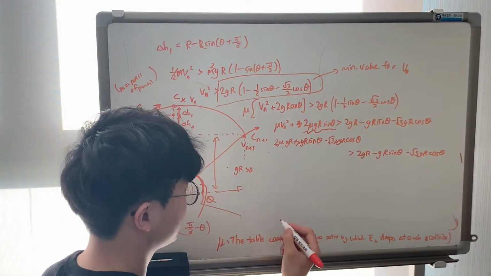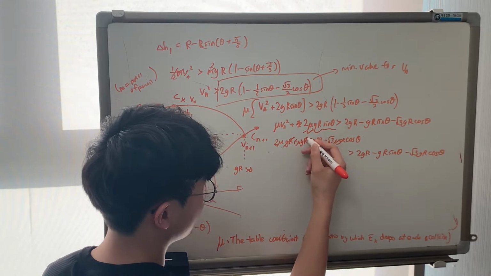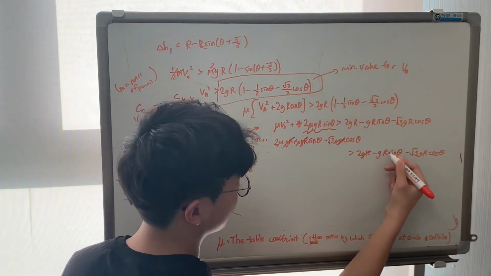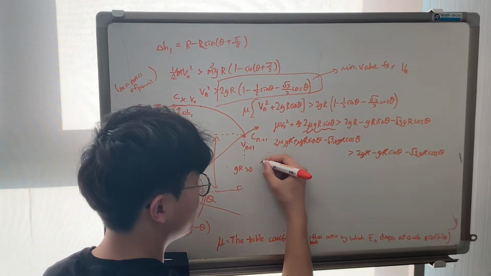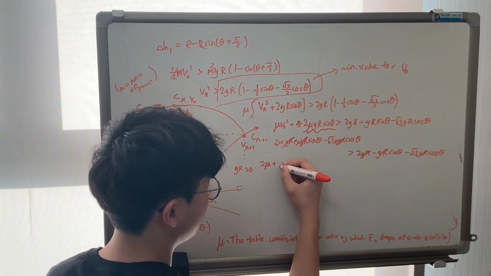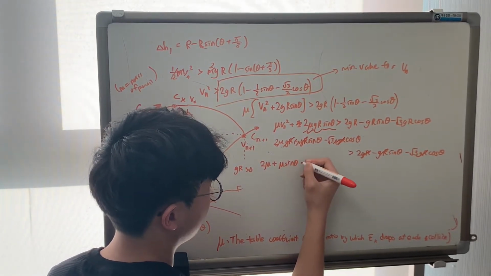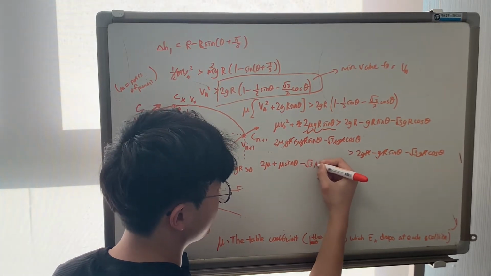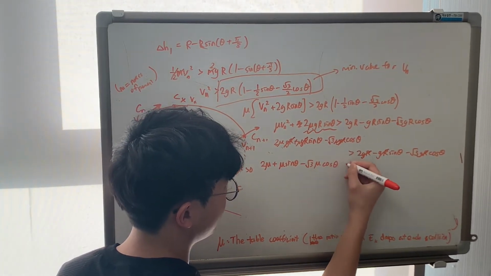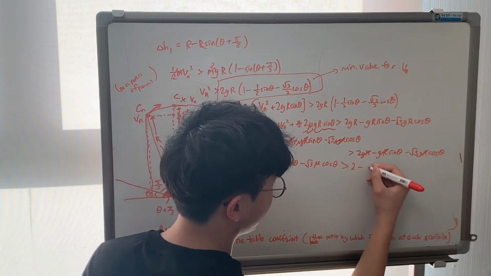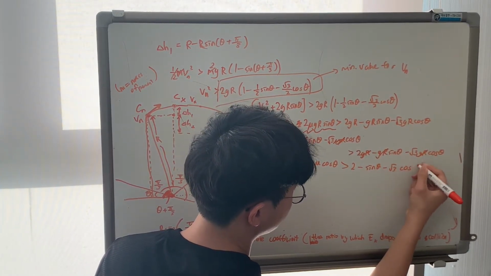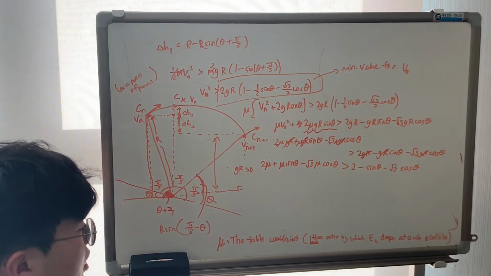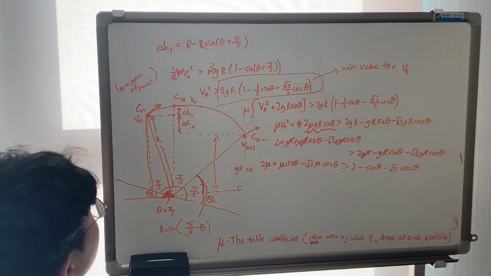And that becomes 2 mu plus mu sine theta minus root 3 mu cosine of theta is bigger than 2 minus sine theta minus root 3 cosine of theta. That is a much simpler form.